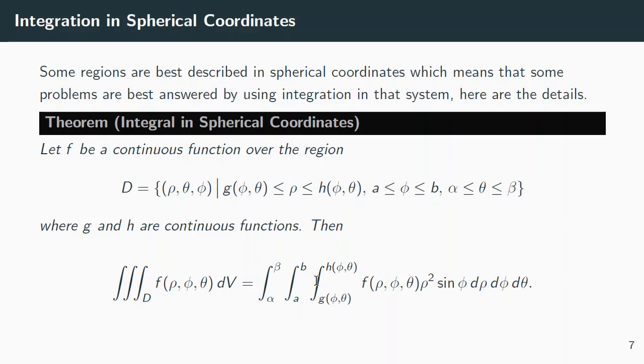We'll get nice numbers here, and if it was the region between two spheres, we could get nice numbers for rho too, but these could be functions sometimes. There are other shapes you could describe with spherical coordinates that would have other things here, but they tend to be messy, and then why would you do a messy thing when you might just use rectangular coordinates? So we're going to use spherical coordinates when we have shapes that can be nicely described using them, like cones and spheres.